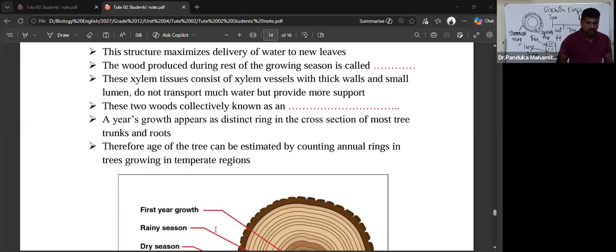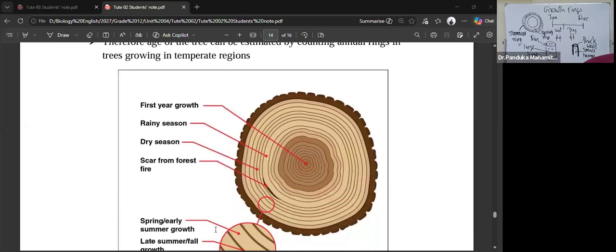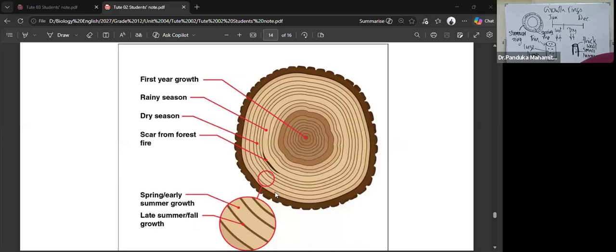I have given you a picture also showing these annual rings. In the rainy season, you have the lighter and thicker areas, and in the dry season, you have the darker and thinner areas of growth.